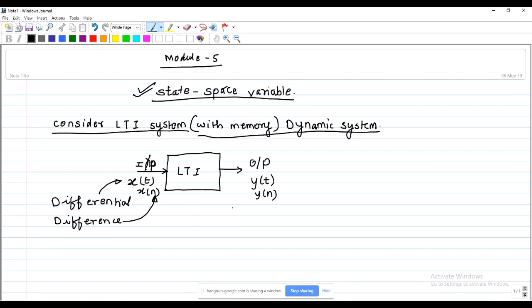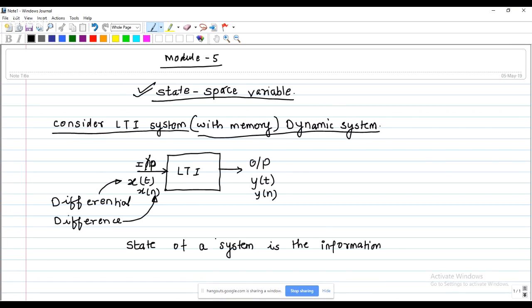So, a state of a system is the information provided.